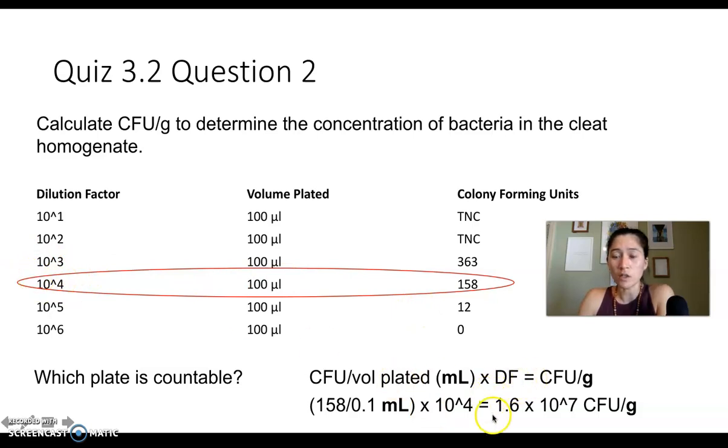And so what you end up with is 1.6 × 10⁷ CFU per gram. For this particular quiz, that wasn't an option in multiple choice, so that's why the answer was none of the above. So this is in general how you approach these types of dilution experiments and questions. So hopefully this gives you a little bit better understanding that you can then apply to the lab activity for this week.